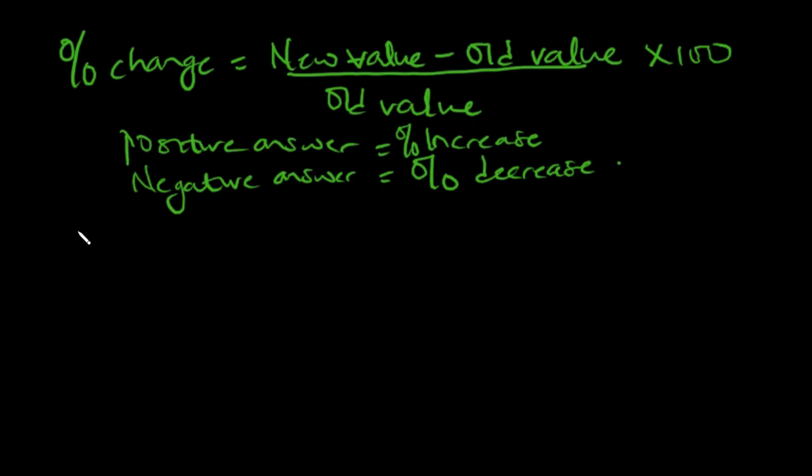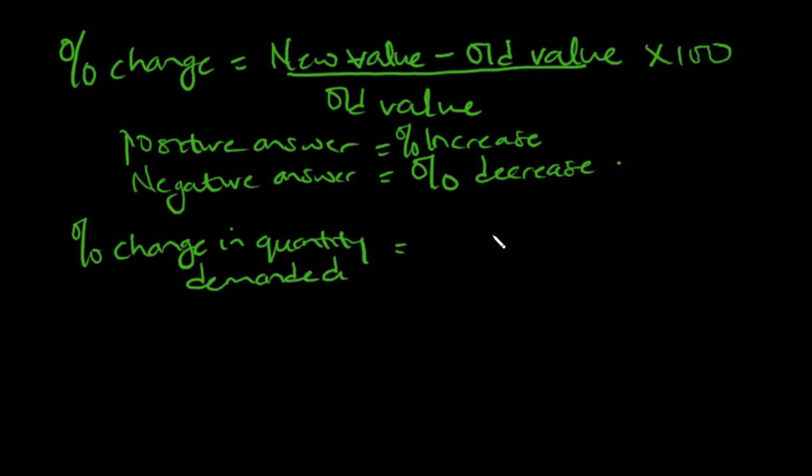If, for instance, you want to calculate a percentage change in the quantity demanded, you see something like the formula is y2 minus y1 over y1, multiplied by 100 over 1. y2 is your new quantity demanded.